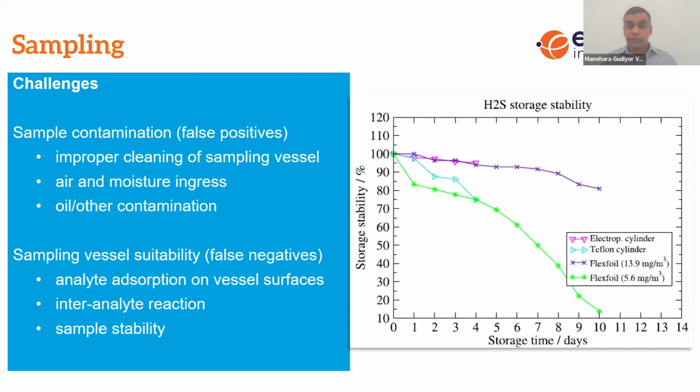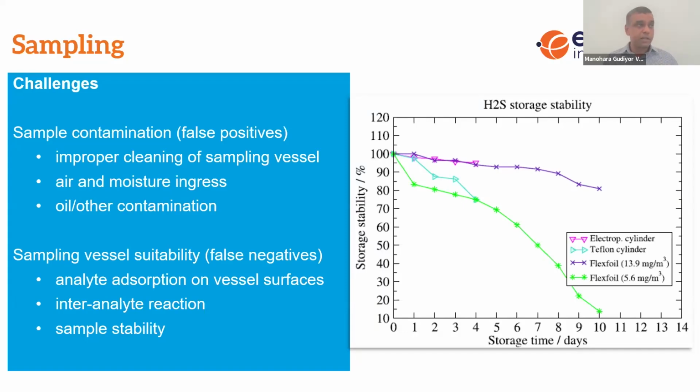Other scenarios are where you get false negatives. Sampling vessel suitability, for example. There are a lot of components which are really reactive and tend to adsorb to the vessels, maybe the tubing used for sampling, analyzer parts, or the cylinder itself where you hold your sample. In that case, adsorption on the surface of vessels could lead to more negative results than what you're expecting, or what's supposed to be in the stream.